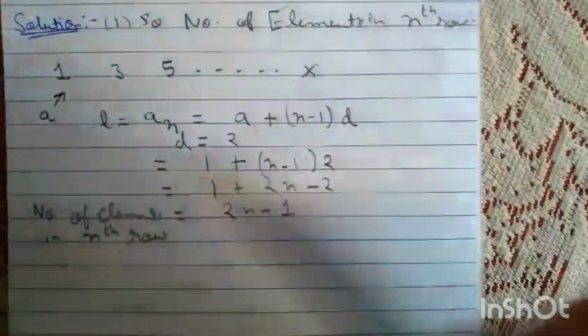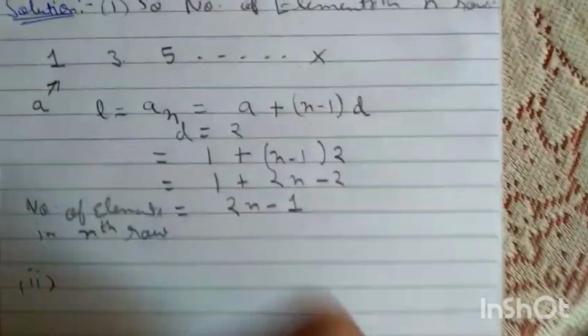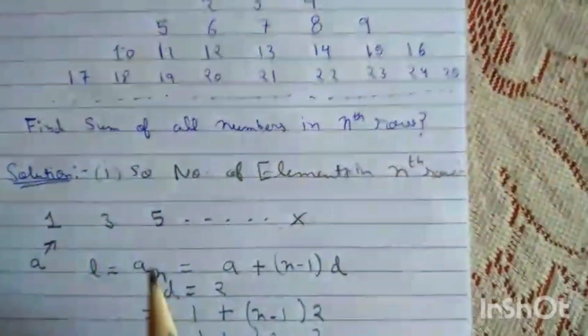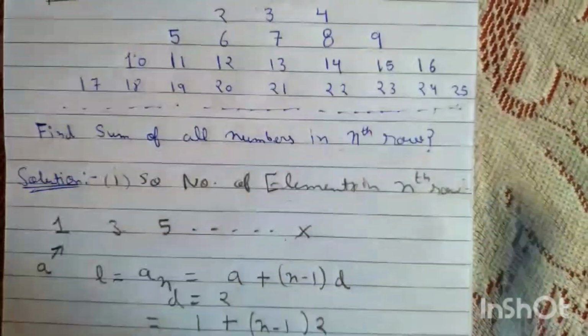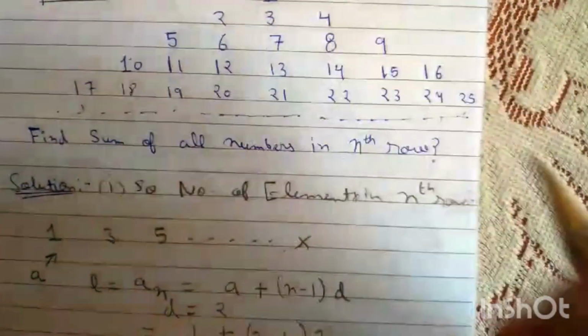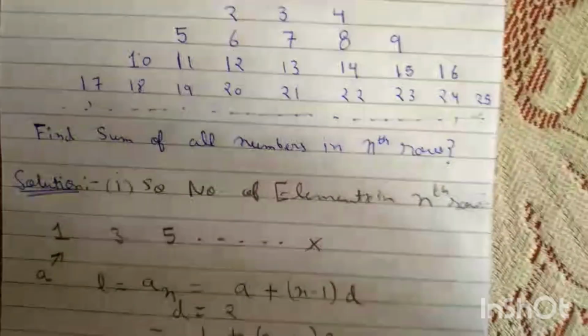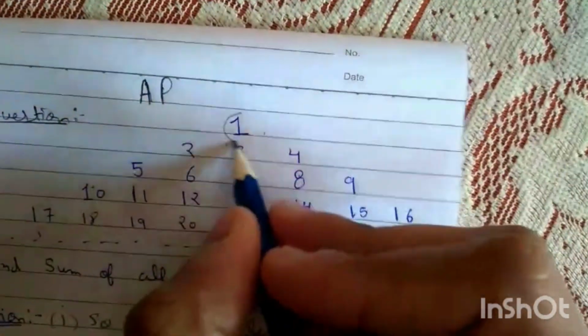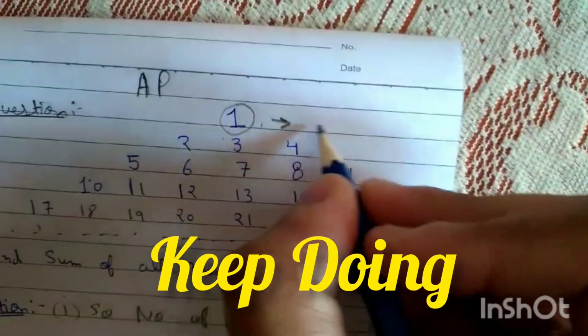Okay, now we know how many elements are there in the nth row. Now what will we do? We will try to find the sum of the elements. We know the number of elements, we know the first element and the last element. One more thing we have to observe in our question is, the last element of each row is a square.